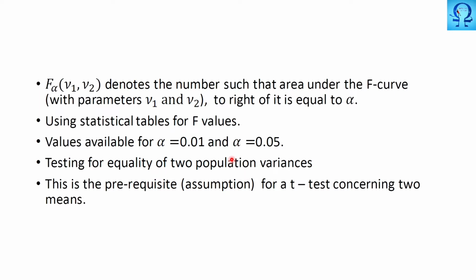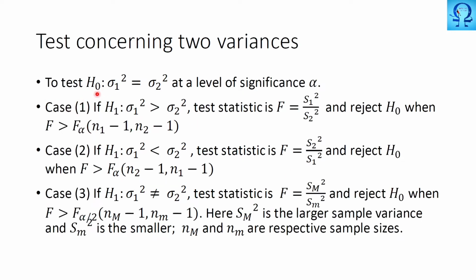This is the assumption that we made, or that should be there, for the t-test concerning two means. Moving further, here the null hypothesis would be sigma 1 square is the same as sigma 2 square at the level of significance alpha, and the test statistic F can be defined accordingly. If the alternate hypothesis is that they are not equal, then either of them would be bigger.